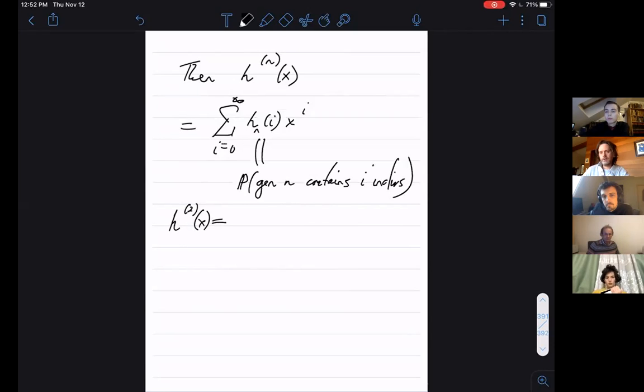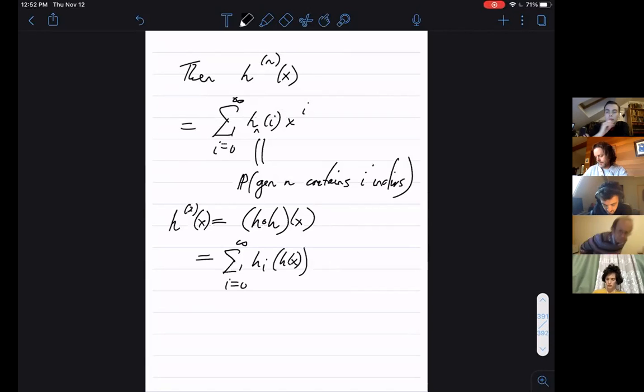What's h_2 of x? It's the iterate of h with itself. So that is, of course, in terms of the power series, h_i, this variable, it's h of x raised to the power of i. Then I have to write out the power series for h again.